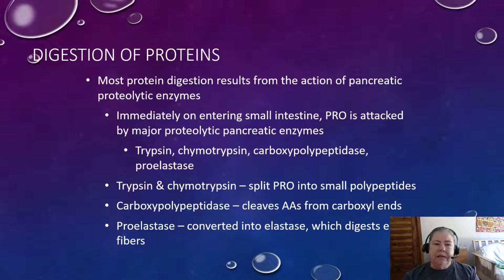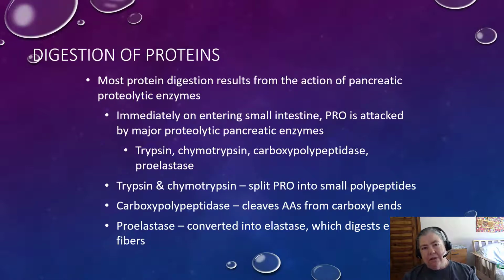The trypsin and chymotrypsin split the proteins into smaller polypeptides. The carboxypolypeptidase cleaves amino acids from the ends, and the proelastase is converted into elastase, which digests elastin.